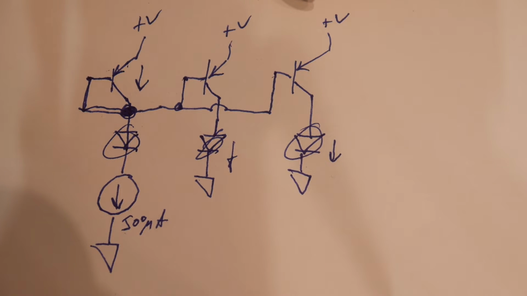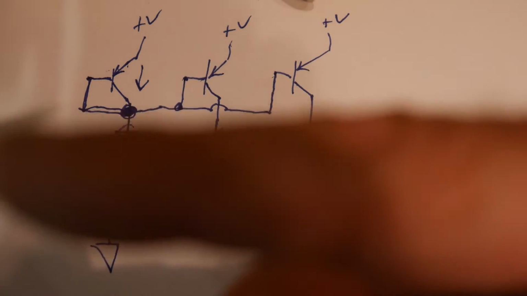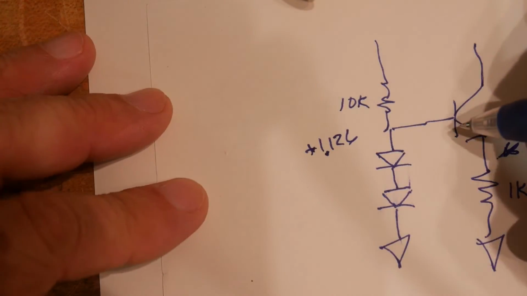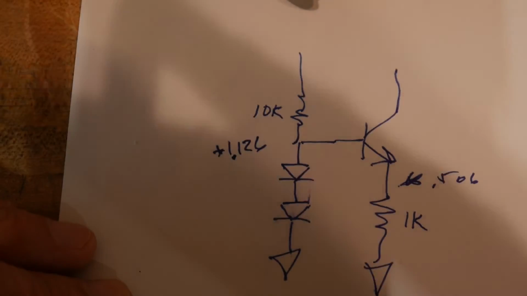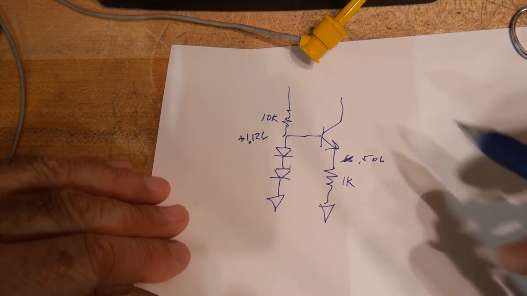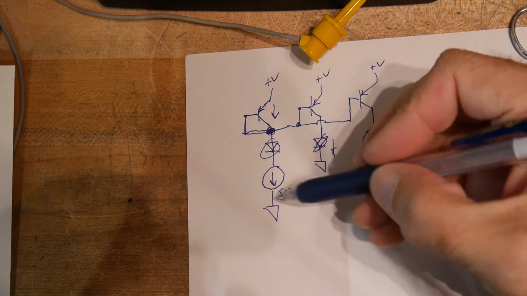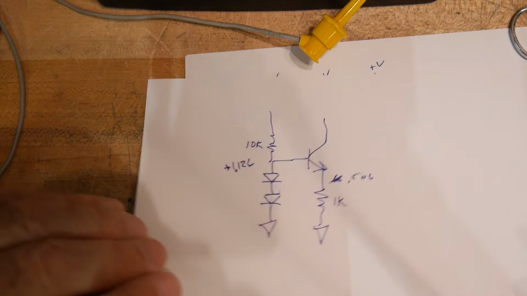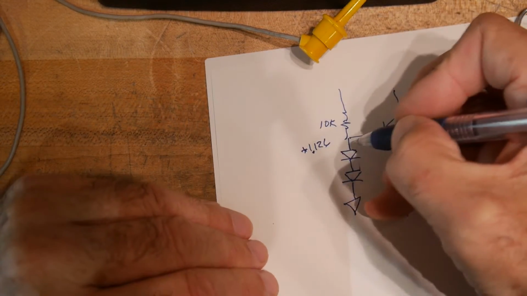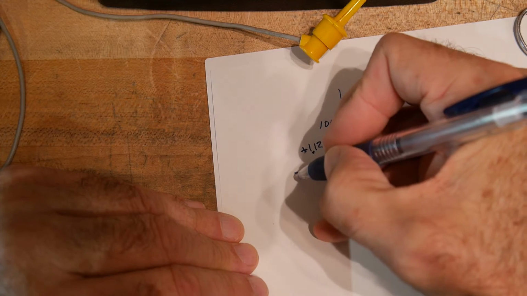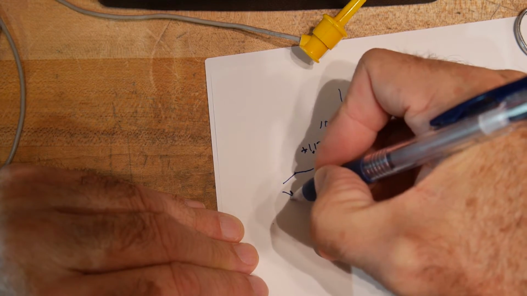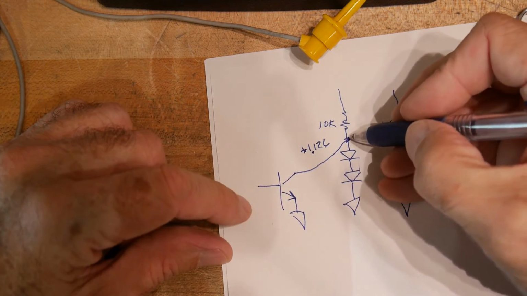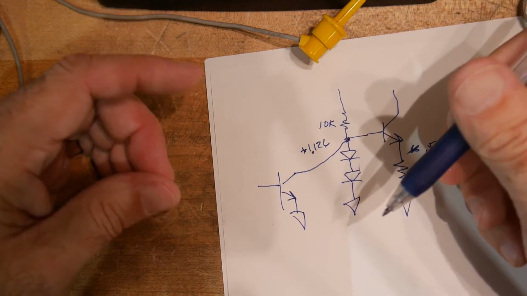Okay, so what else can we do with this? Well, if we take a look at this here, this is our current source, and if we say want to modulate these LEDs, what we could do is take this here over to a transistor, and we could basically short these guys out, and that would turn all the LEDs off.